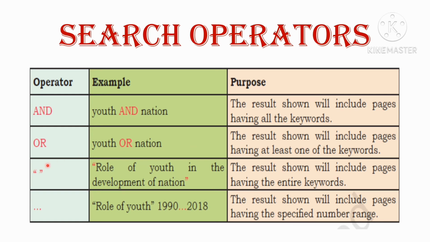When you're using double quotes, whatever words are given in the double quotes, the result page will have the entire phrase. When you're using the dots, role of youth 1990 to 2018, the result page will have the number range from 1990 till 2018. This is the use of the search operators.